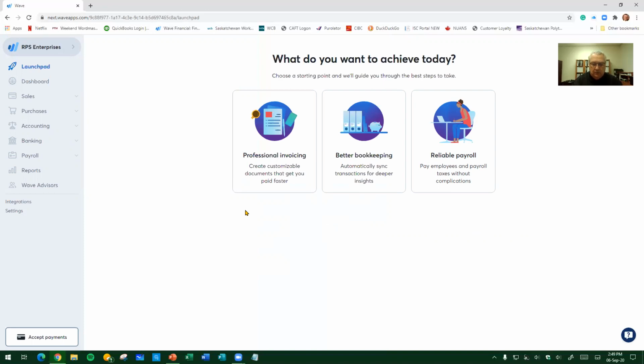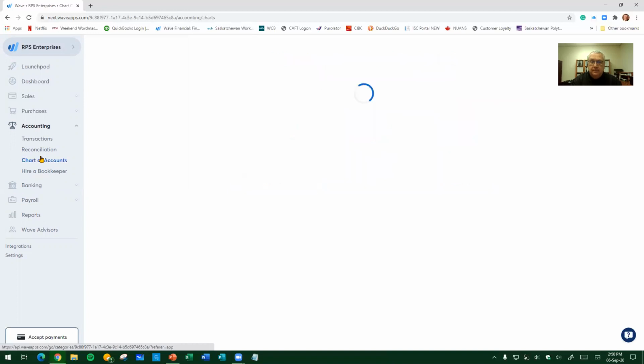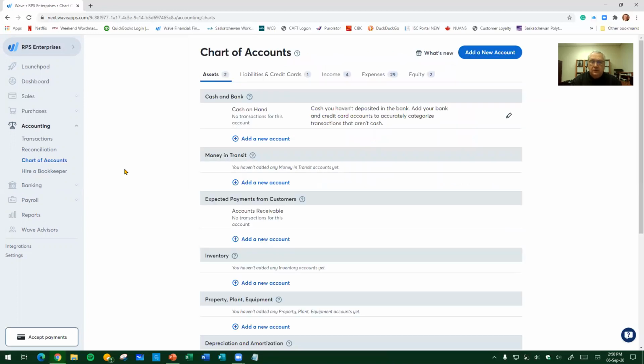And as a result of that, we are able to now start looking at creating our sets of books. First place to start is probably with something called the chart of accounts. Now, the chart of accounts is really the foundation of your accounting system.